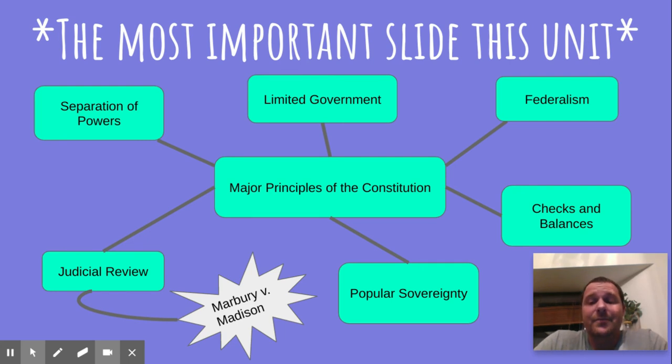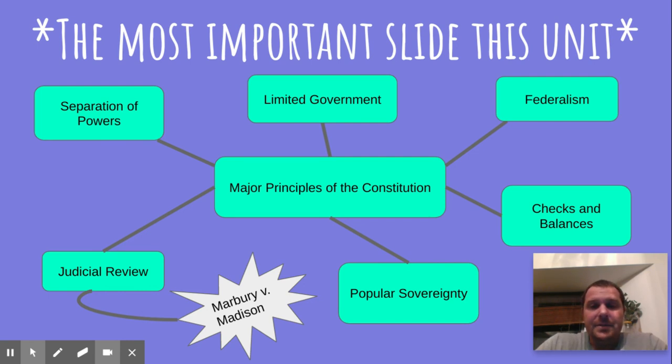But whereas federalism was the division of power between the state and national government, separation of powers refers to the powers being divided between the 3 branches, the legislative, executive, and judicial branch. And again, that's a topic that we will expand on a lot throughout this course because several of our units deal directly with the different branches of government.